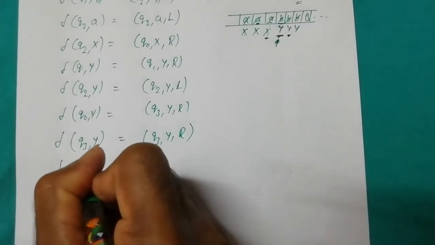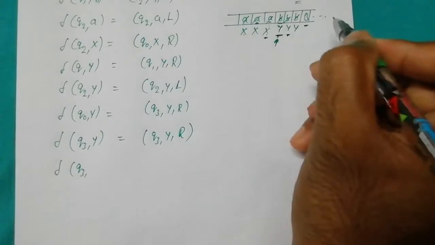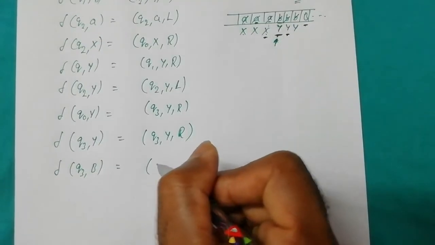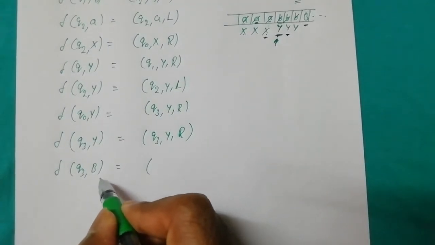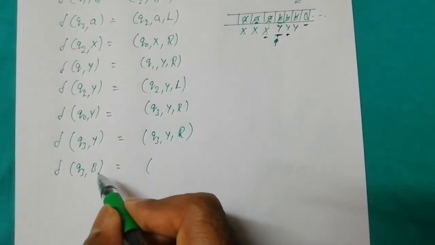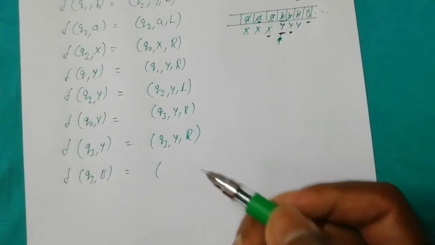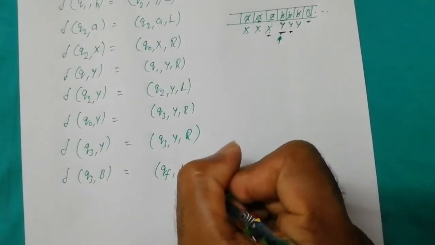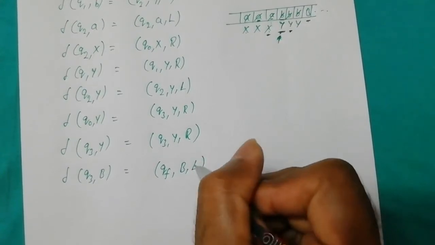Then at a particular point of time Q3 will come across with the input symbol, that is the blank tape symbol B. If Q3 comes across with the blank symbol, meaning that all the input symbols like A's and B's are converted to X and Y's, the correspondence is matched. So we move to the final state and we keep that blank symbol as it is, and we move either left or right direction.